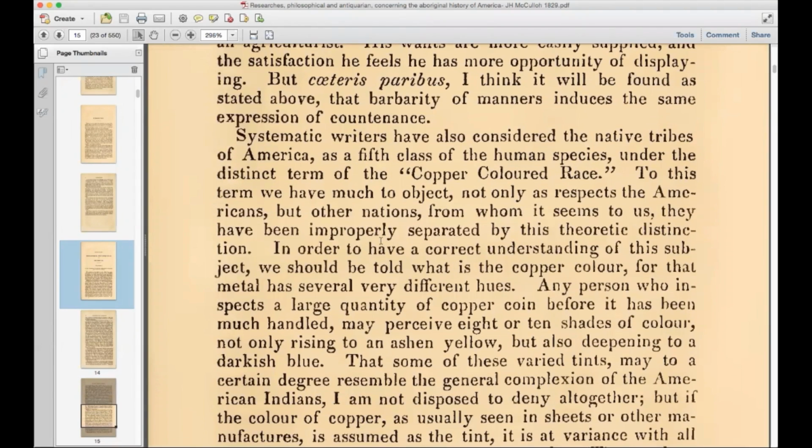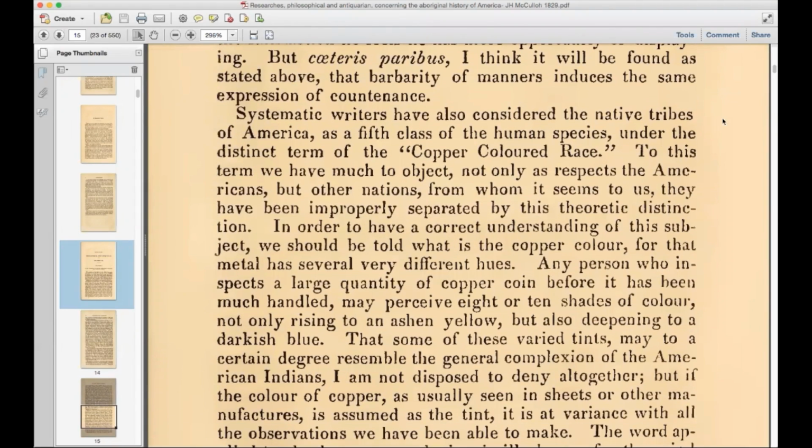Systematic writers have also considered the native tribes of America as a fifth class of the human race, under the distinct term of the copper-colored race.